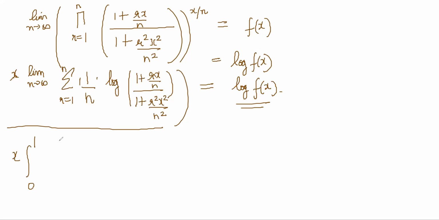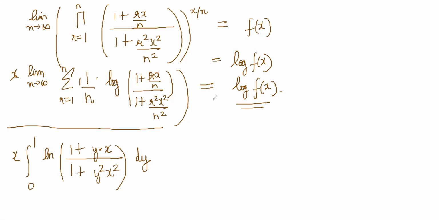Ln of (1 + r/n x) where r by n is my variable. You should take it as some other variable, actually y, and x is still there: ln of (1 + yx) by (1 + y²x²), integrating with respect to dy over 0 to 1. x is stuck along with it, and we cannot do anything about it.